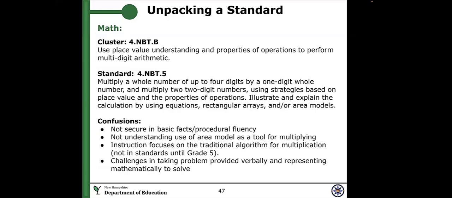And so now we're going to look at multiplying whole numbers and being able to do that with 1-digit by 4-digit, 2-digit by 2-digit. And the other thing that's really important here is that we're going to be looking at the use of being able to illustrate and explain the information. So that puts a little bit more information into what we need to do here.